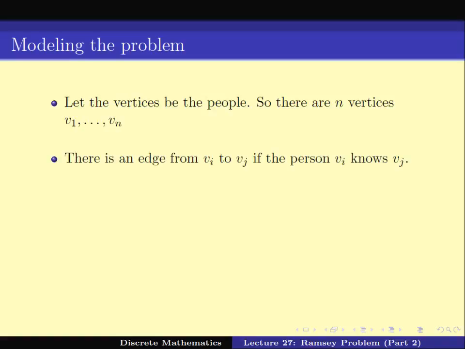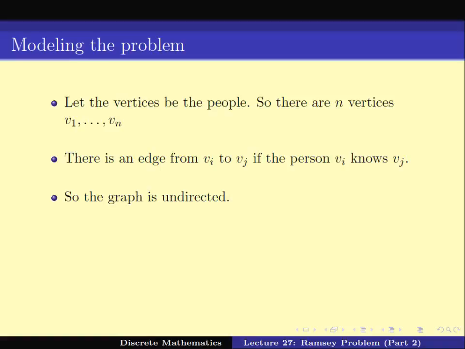The first thing is to try to understand what R(p,q) implies. We draw an edge between the vertex vi and vj if person vi knows person vj. Since person vi knows person vj implies person vj knows person vi, the graph is an undirected graph because this relationship is symmetric.